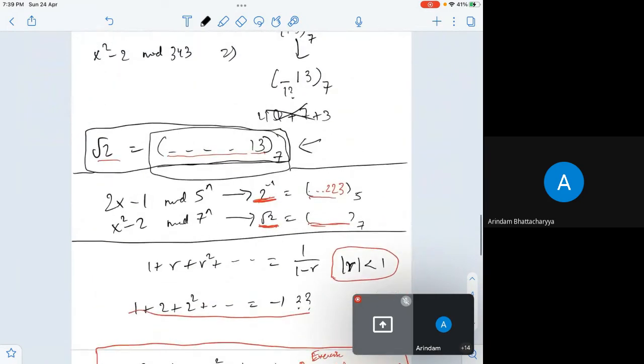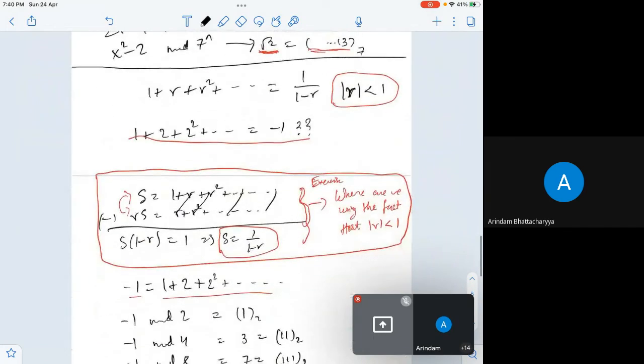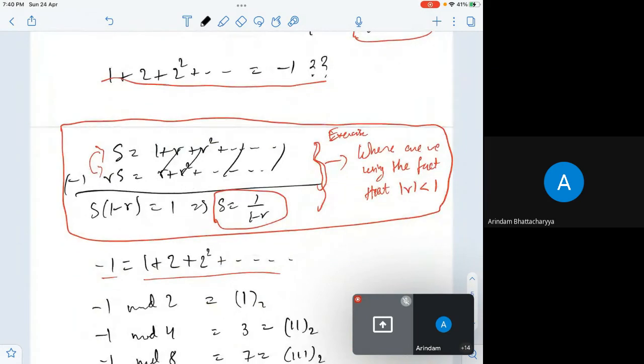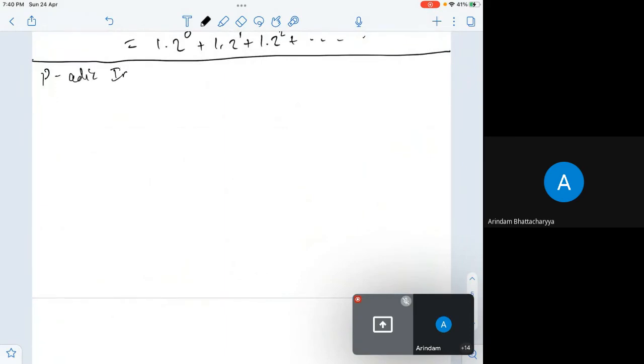Okay, p-adic integers. I will denote this by Zp, which is very, very different from.